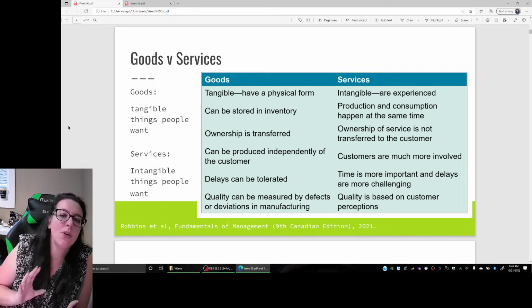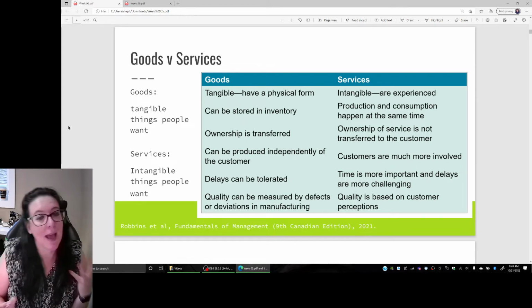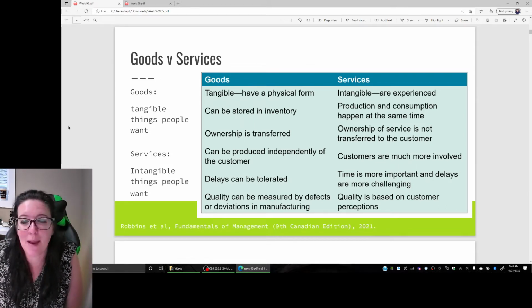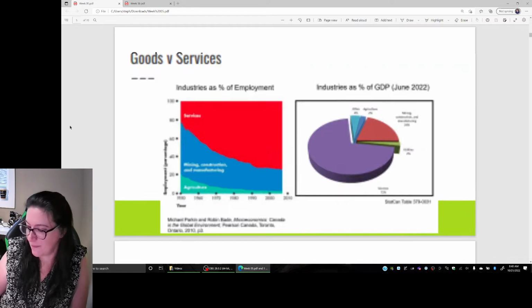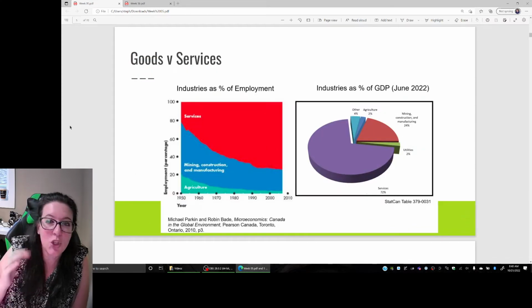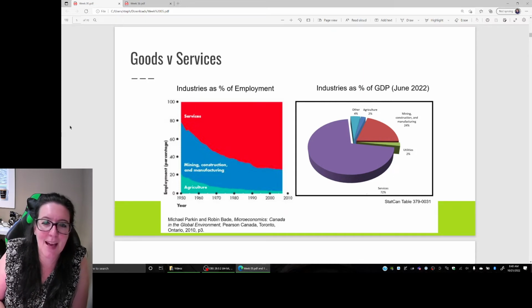When it comes to goods and services in Canada, which one do you think we make more of? Okay. When it comes to jobs, most of the jobs are in services. So you can see over 75% of the jobs in Canada have been services since at least 2008.